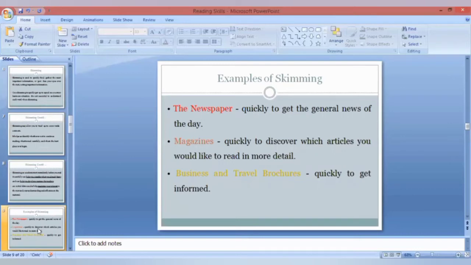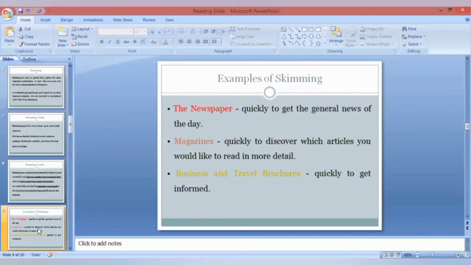Now, examples of skimming. As you can see, there are three different examples of skimming given here. The first one is reading the newspaper, skimming the newspaper. You try to quickly go through the general news of the day, and for that purpose, you go through each and every headline, the bulletins that are given.